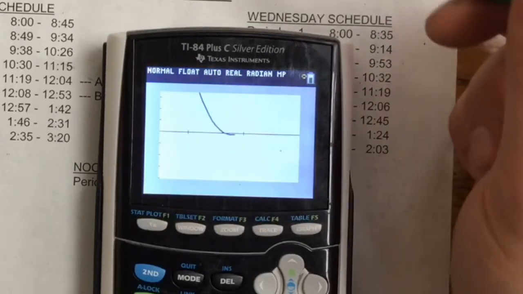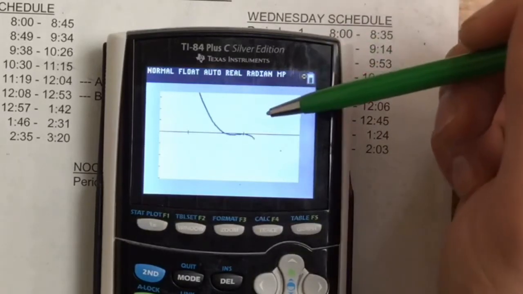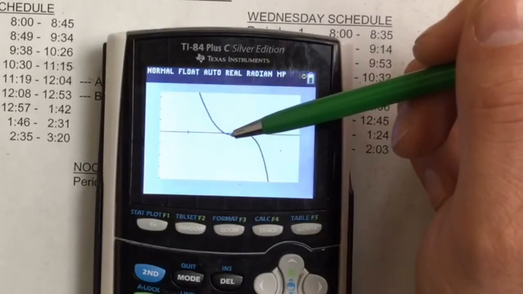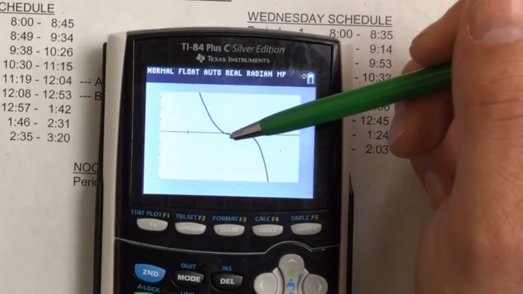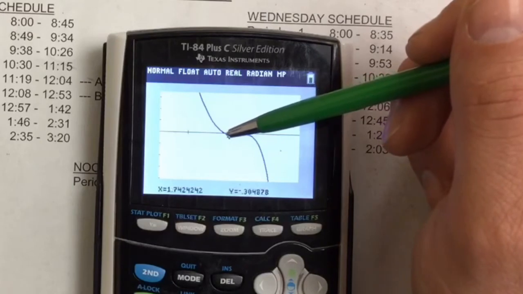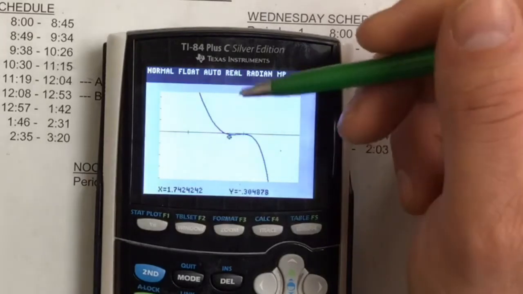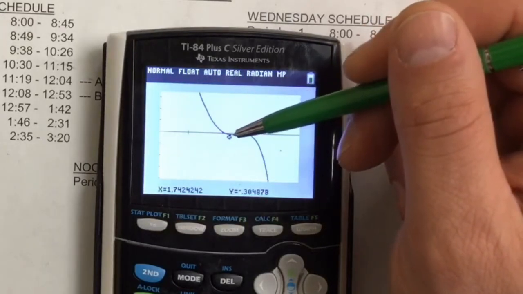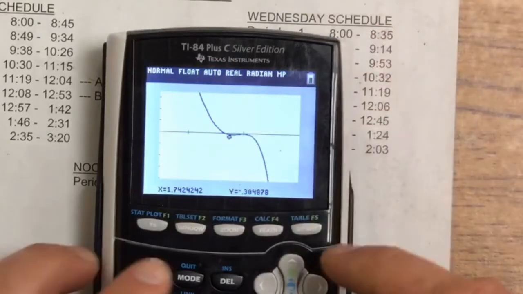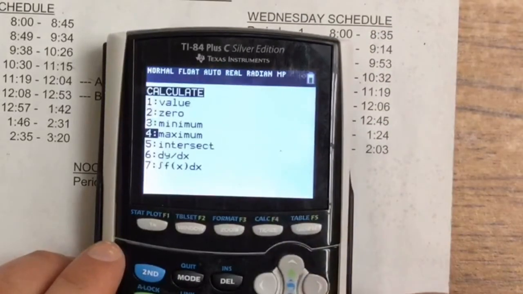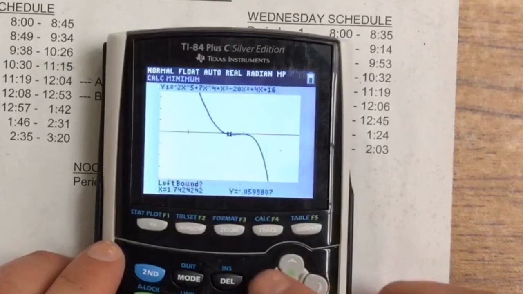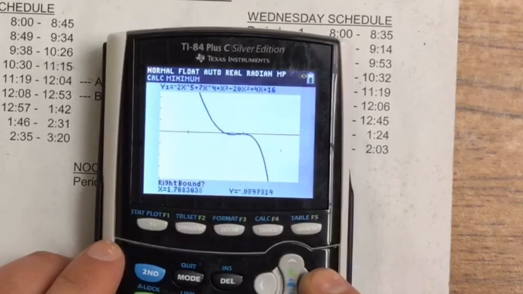Colored calculators are pretty slow to graph. Okay, do you see that? If not, we have to zoom in again, but I see it. There is a minimum right about there. So let's go second calc, minimum. I need to be left of that valley, right of the valley.